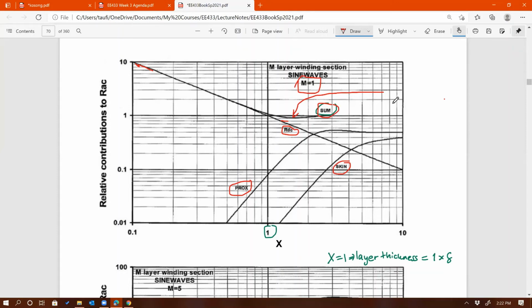Okay. Now it might be that the priority is different for different designs. Maybe for a different application, you want the least skin effect instead of the entire resistance. So minimizing the loss is not that important, but minimizing skin effect is important.